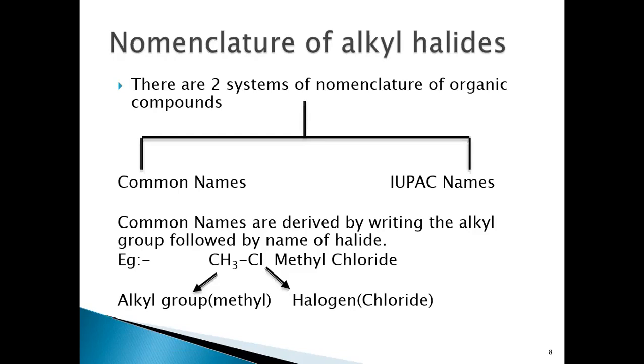See in this example, CH3Cl. CH3 means methyl group. It is derived from methane, and chlorine means chloride. So first we have to see the alkyl group, which here is methyl, and the halogen is chloride.